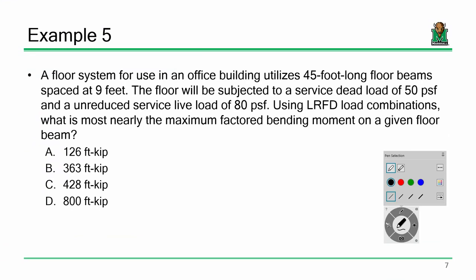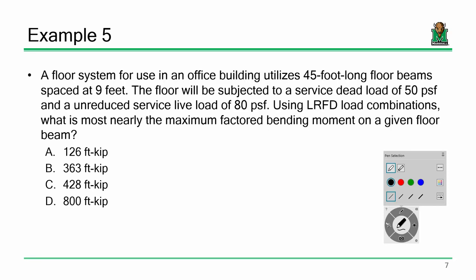All right. A floor system in a building uses 45-foot long floor beams spaced at 9 feet. The floor will be subjected to a service dead load of 50 psf and an unreduced service live load of 80 psf. Using LRFD load combinations, what is most nearly the maximum moment on the beam?